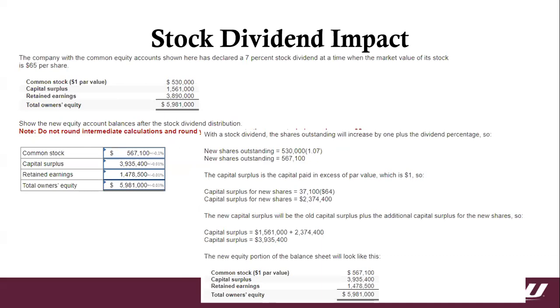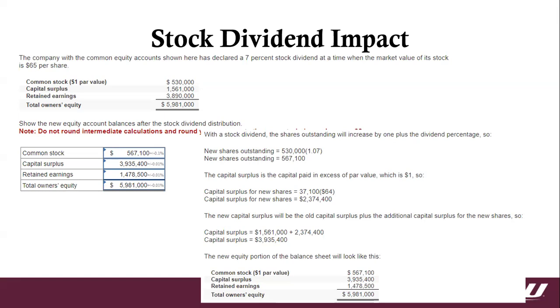Okay. Here's a company that's going to declare a 7% stock dividend. Stock is currently at $65 a share, and then you see the shareholder equity sheet there with the par value at $1, the additional surplus, any retained earnings, and then total equity. And so it's like, how do these change based on this dividend?